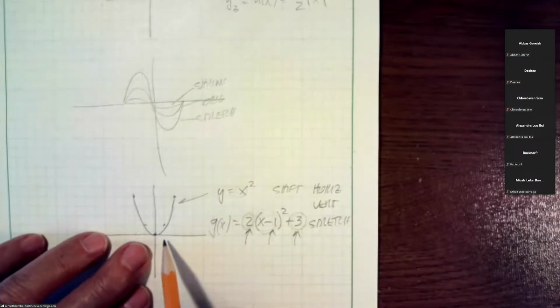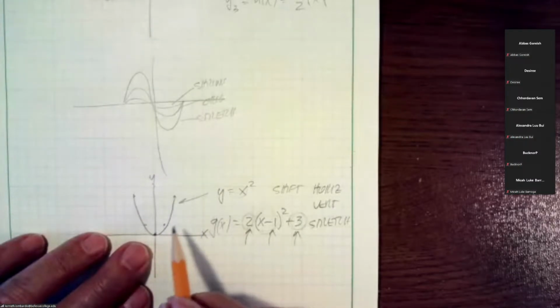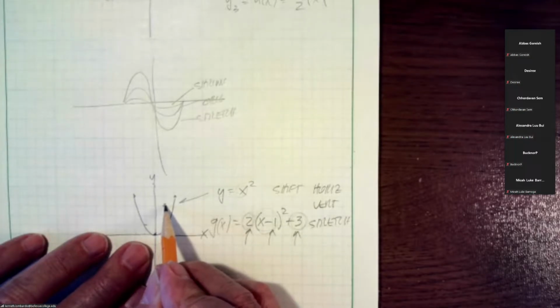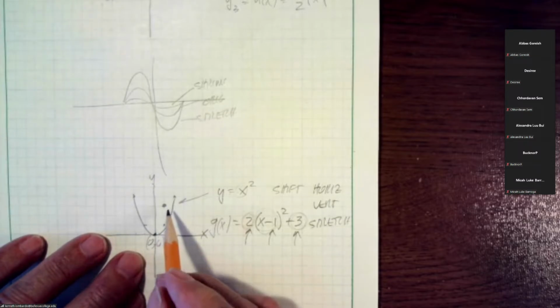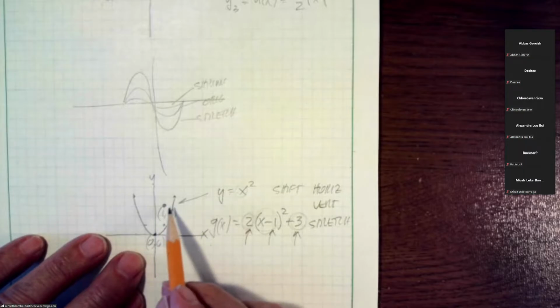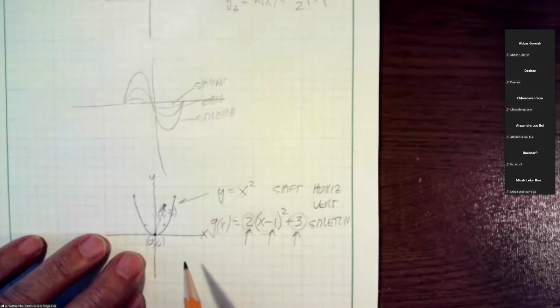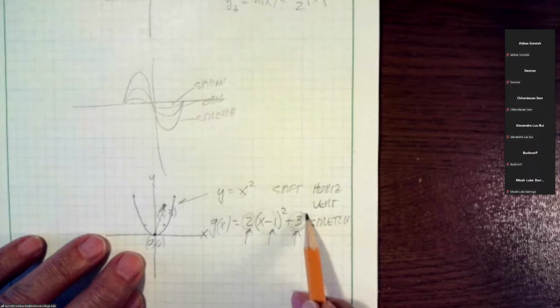So let's just draw what the shifted curve would look like. It's going to be to the right 1 value, up 3 values, 1, 2, 3. So now the vertex, instead of being at 0, 0, is at 1 and 3. So here's where the vertex has shifted from here to here. Okay, and how do we do that again? Here's the vertical shift.